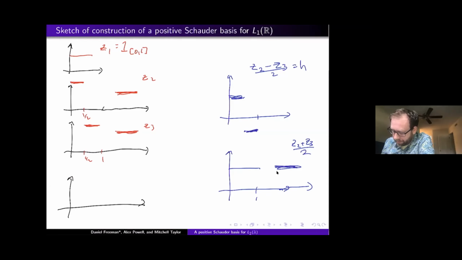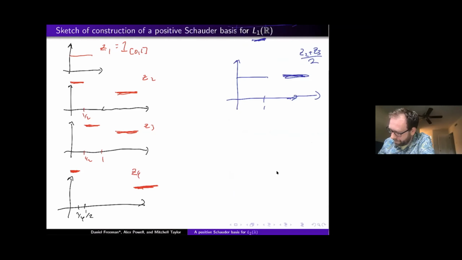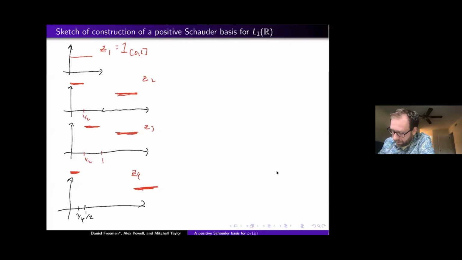And so to do the same thing for the next Haar vector, if you want to make Z4, we put a big piece over here and then put another disjoint piece as well. And let's get rid of this. And so then Z5 is going to be big on the interval 1/4 to 1/2.